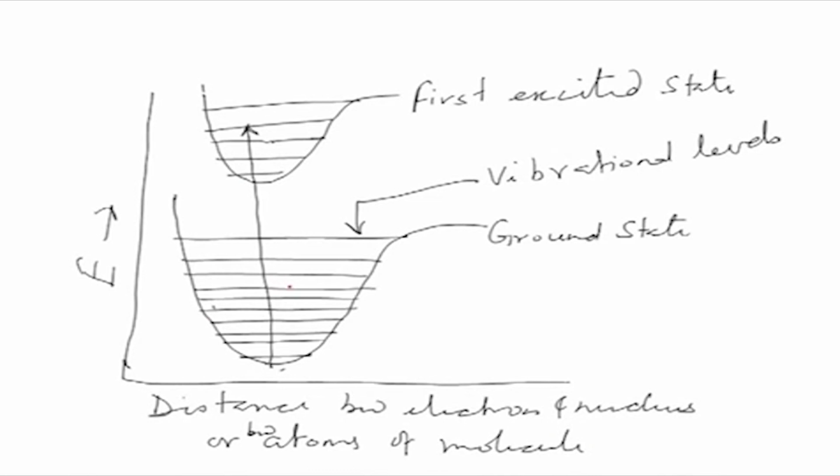So, what you can see here is very clearly shown: the transition occurs from one electronic state to another. This transition could be between the vibrational levels of the two electronic states, that is the ground state and the first excited state, and rotational levels are not shown, which could be a further division of vibrational levels. Likewise, there could be a transition within the electronic level between vibrational levels.